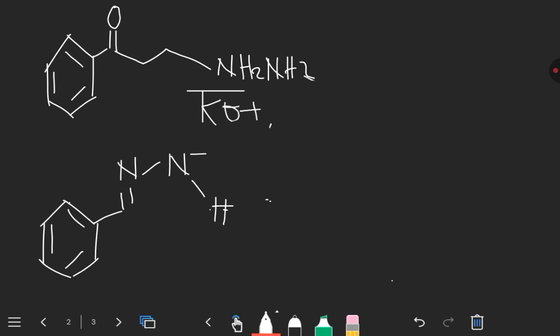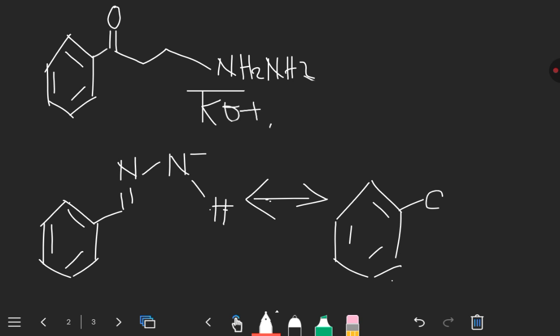So the next thing that is going to happen here, I can just do some kind of resonance. So I can do this. So I can say we have a carbanion layer. So I can perform resonance. This nitrogen has some electrons, so it can form a bond here.